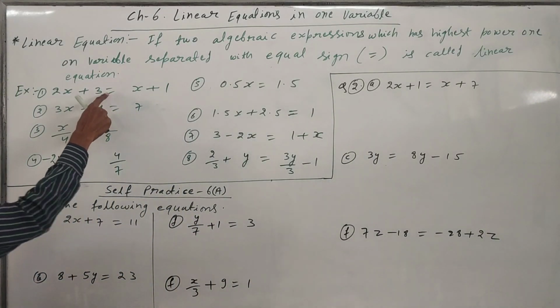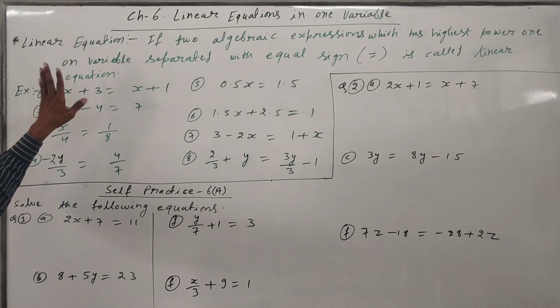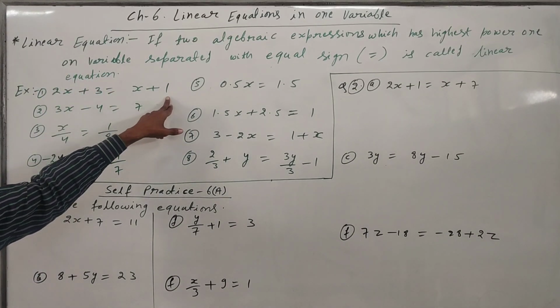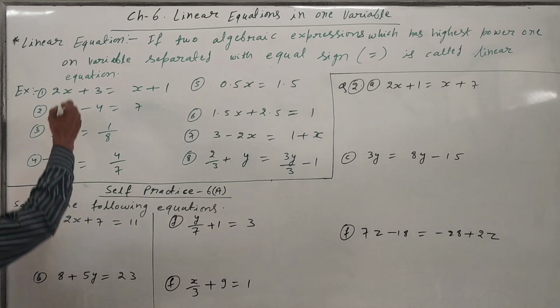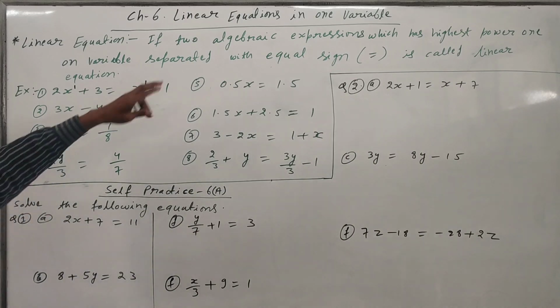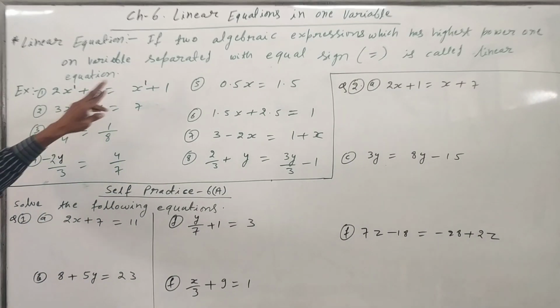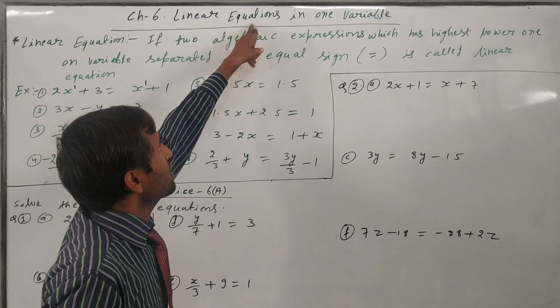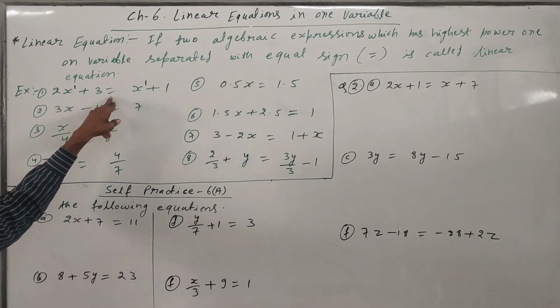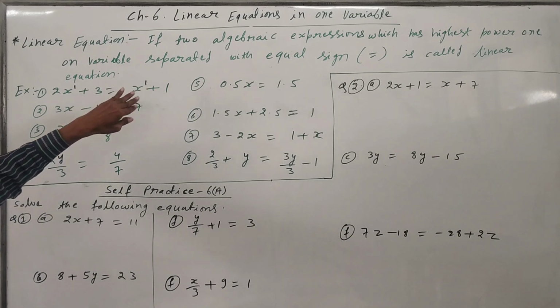Just see the example: 2x plus 3 is one algebraic expression, and another algebraic expression, x plus 1, is there. Here the highest power is 1, and here also the highest power is 1. That's why the word linear came. And equation came because in between there is an equal sign. That's why it is called a linear equation.